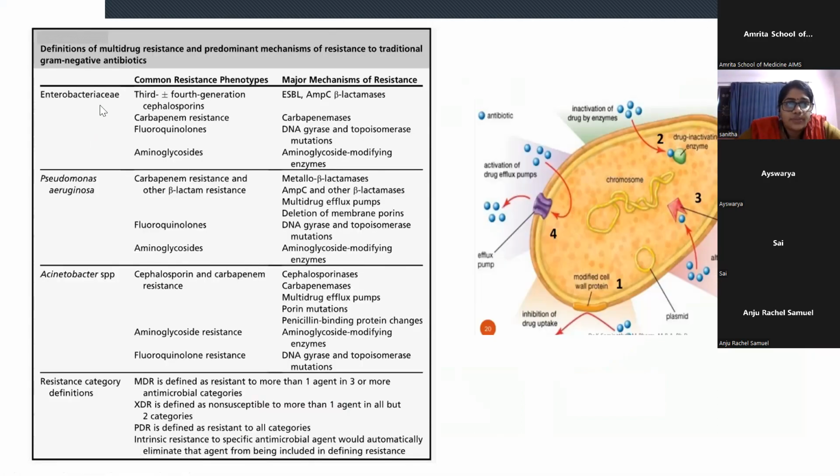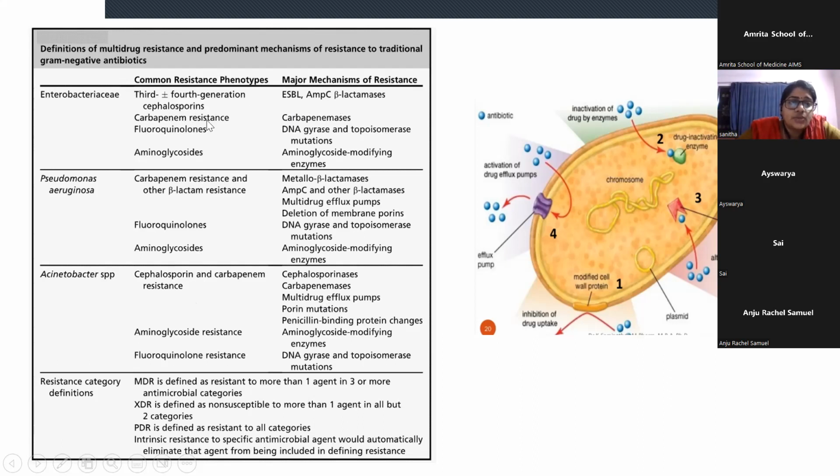So these are the various bacteria and their common antibiotics to which they develop resistance, and these are the major mechanisms of resistance. Enterobacteriaceae are resistant to third and fourth generation cephalosporins, due to the expression of ESBL and AmpC beta-lactamase.